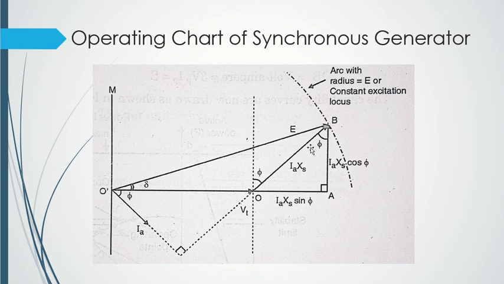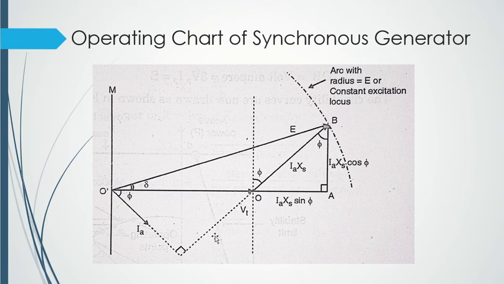Now remember, I just told you there are two components of each vector. You can call it sinusoidal component and cosine component. So we divided that Ia Xs vector into its sinusoidal and cosinusoidal components. Sinusoidal always lies on your horizontal axis or x-axis, and the cosine component normally lies on your y-axis, or you can call it the vertical axis, right?